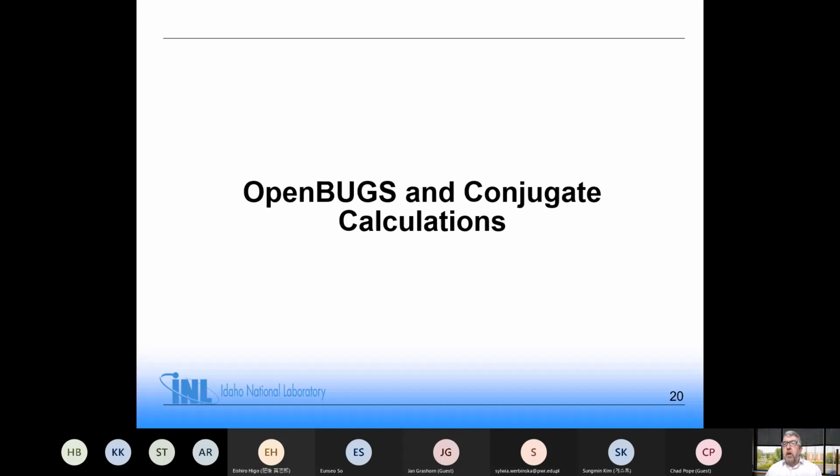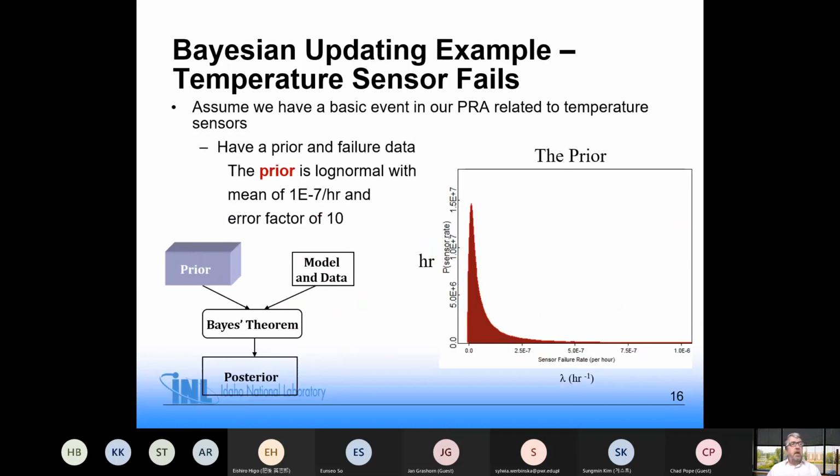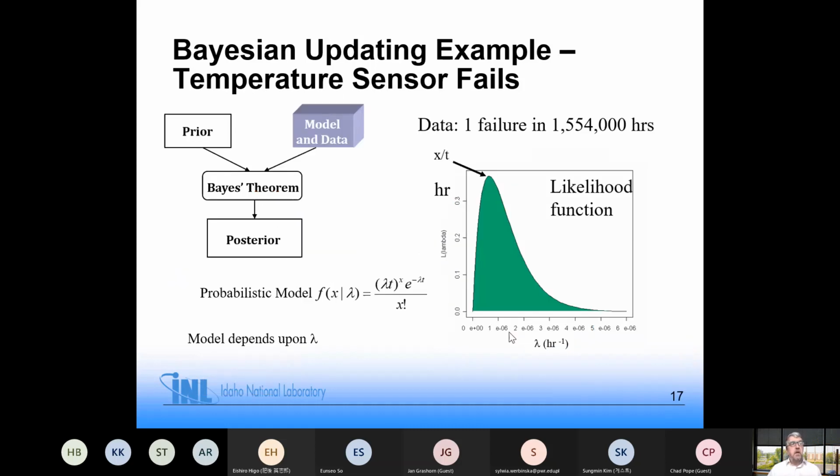Let's see, I think I have a question in the chat. Could you elaborate again what the probability distribution graph you presented means? So let me go back then. The probability distribution here represents what we know about the rate of failures of a temperature sensor. And so that's our starting point.